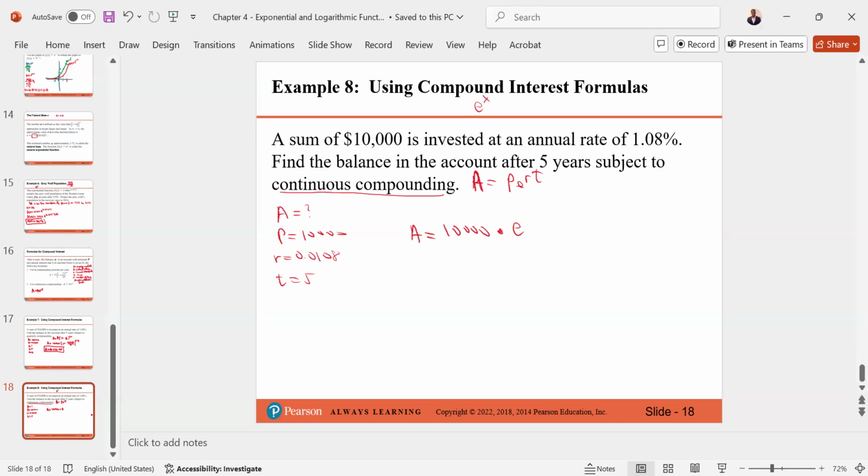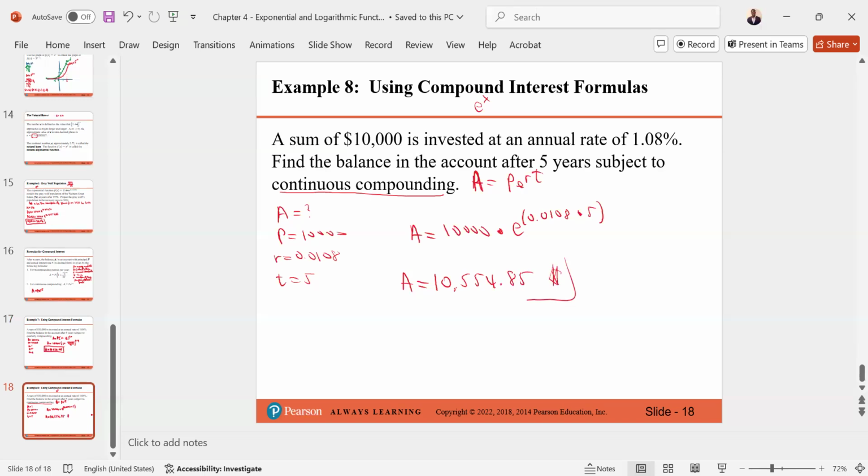Power. Use parentheses. Usually you do 0.0108 times 5. When you do a parenthesis like this, at the end, the money in this account after 5 years would be $10,554.85.